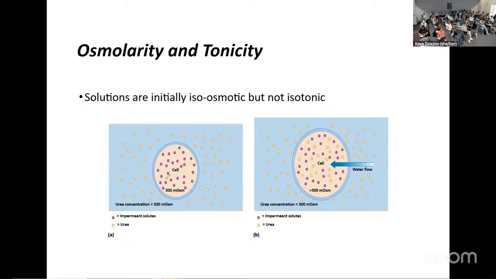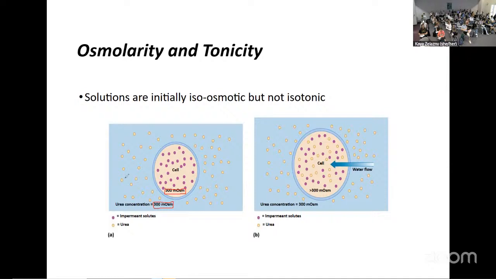So we can see in this situation that both inside and outside the cell, we've got an osmolarity of 300 milliosmoles, so that initial number is the same. If we looked at just that and stopped thinking at this point, we might think that this isn't a situation where we have water movement.